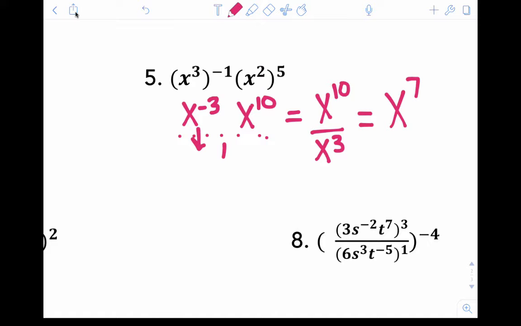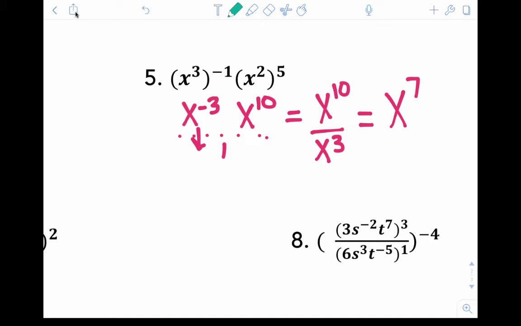Now there were a couple different steps that you could have taken in this problem. When you were at this point, instead of moving that x to the negative third down by taking the inverse of it, you could have used the product rule and done negative 3 plus 10 to still get x to the 7th. You also could have started off in a different way.